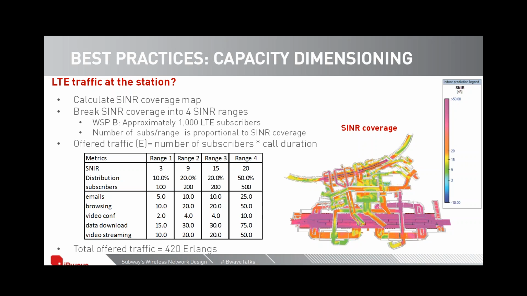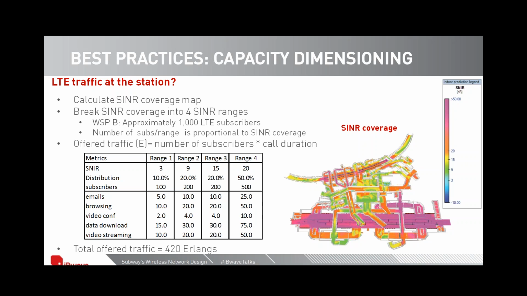Now that we know that, we multiply the number of subscribers by the duration of each service call. Just to remind you, we assume that for browsing it is 100 milli-erlangs per subscriber. So 200 subscribers times 0.1 erlangs each equals 20 erlangs.